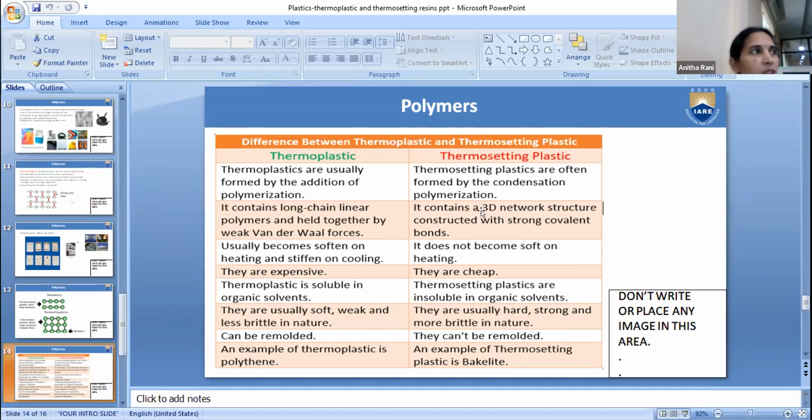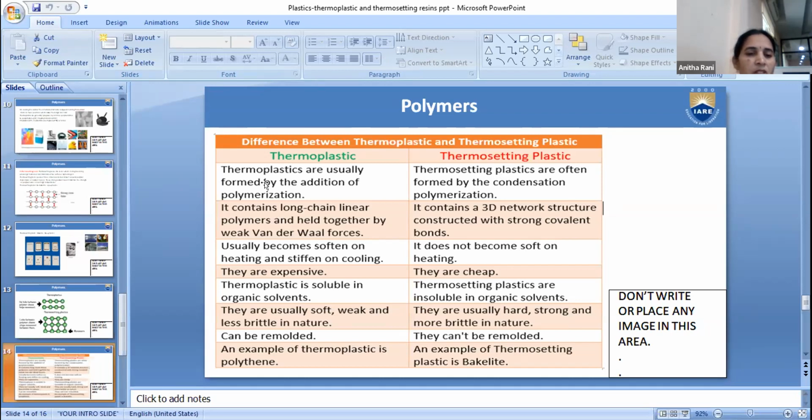So what structure do we get here? A 3D network structure. Thermosetting plastics have a 3-dimensional cross-linked network structure with strong covalent bonds. So the first point is that thermoplastic resins are formed by addition polymerization and thermosetting plastics by condensation polymerization.